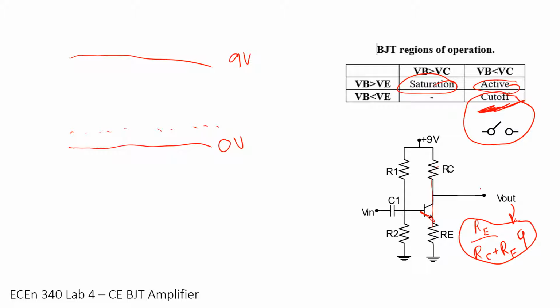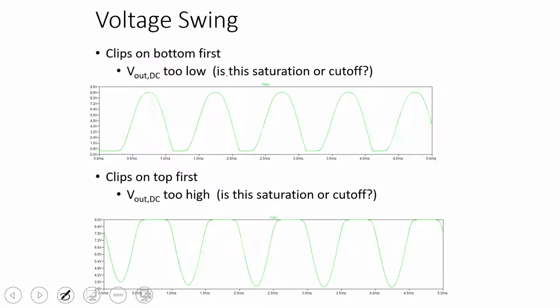So these are the rails, meaning we can have an output approach these rails without distortion. So we could have some sort of nice sine wave. What happens is we have something called voltage swing, and something called headroom as well. The voltage swing is the amount of output you can achieve before distortion occurs. You can see in this top graph that the top of our wave looks great. The bottom is clipped.